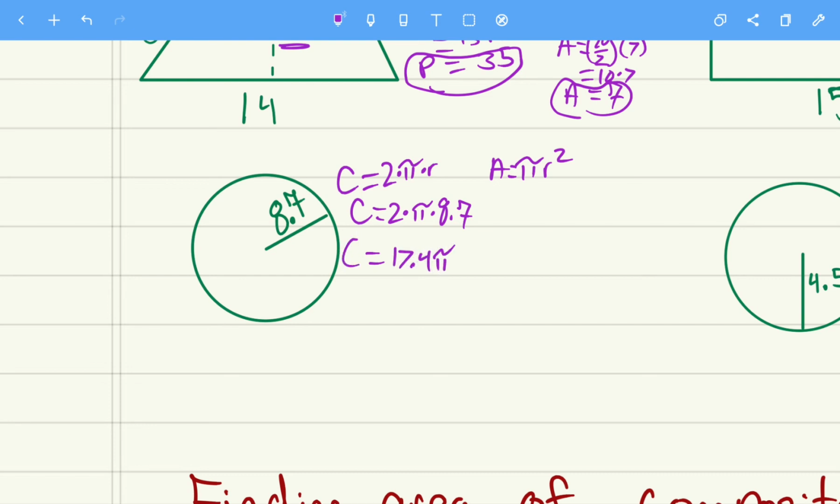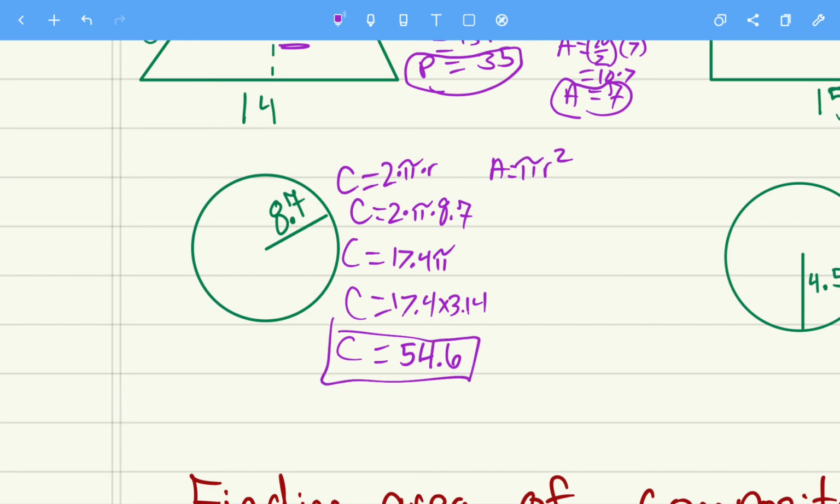Now in some cases you could just leave it like this, or if you want to multiply, you could do 17.4 times 3.14, which gives us 54.6. So that is our circumference.